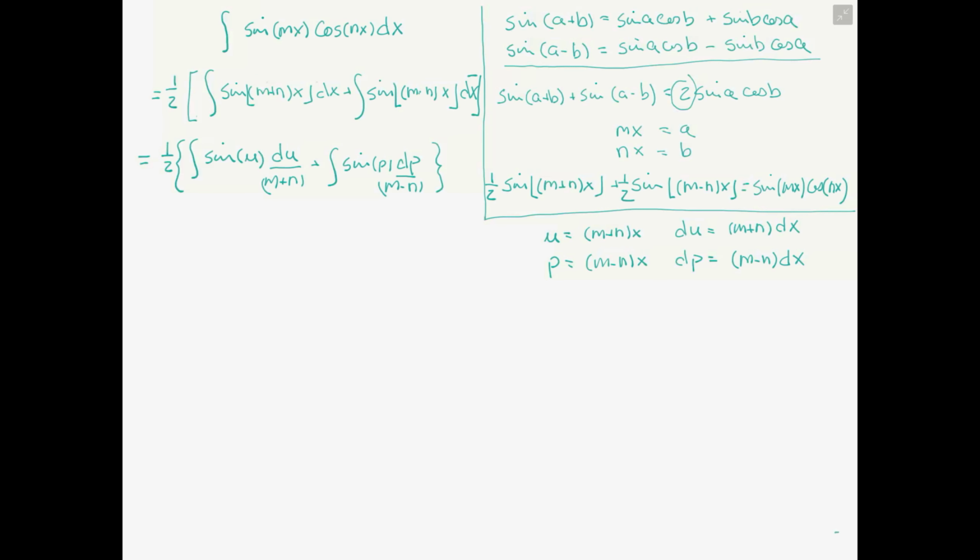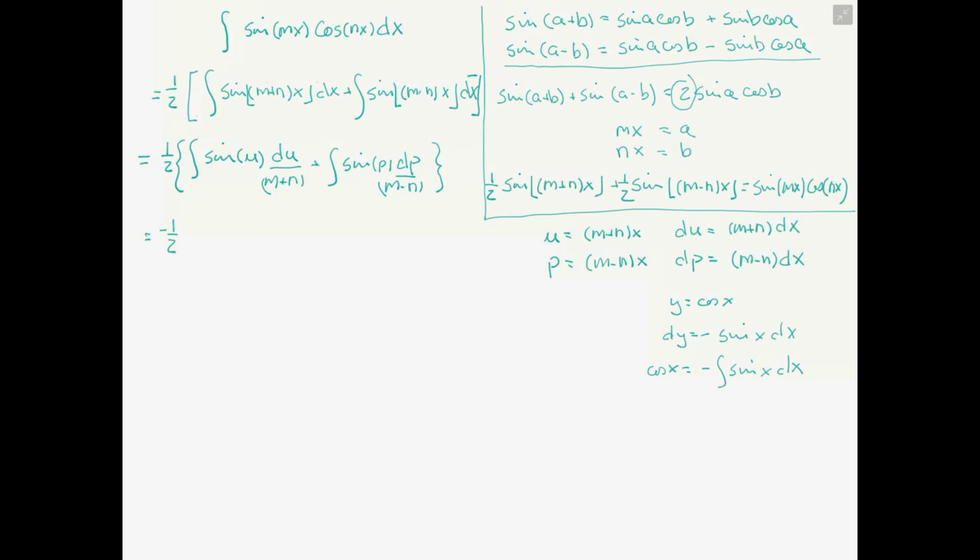And now we can solve these integrals. We know that if y equals cos x, dy equals minus sine x dx, so the integral of sine x dx equals minus cos x.